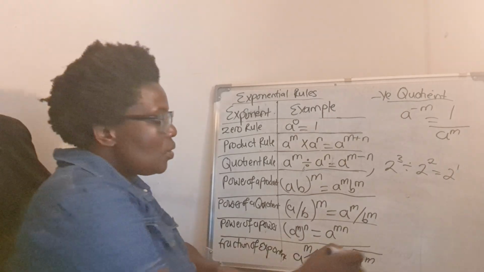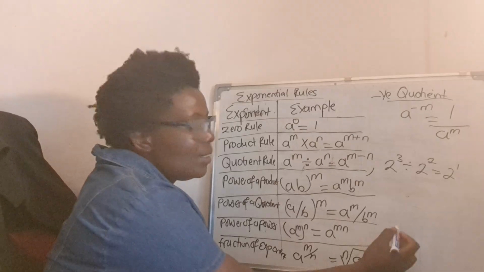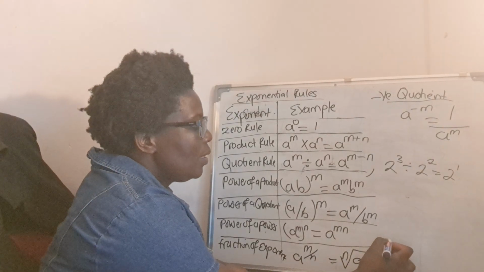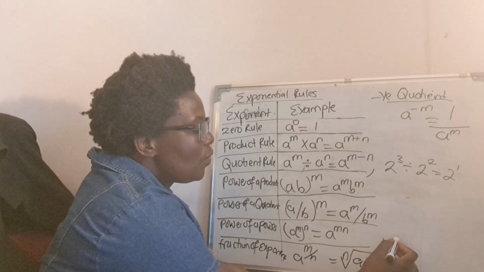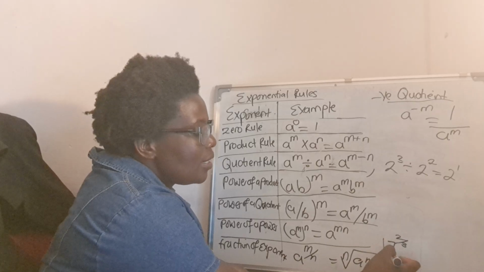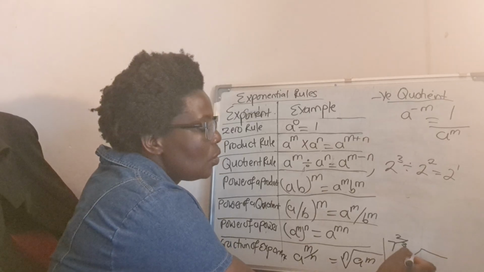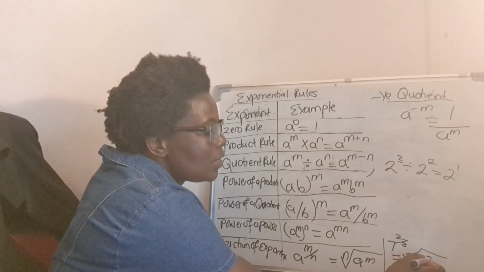For example, 7 to the power of 2/3 can also be written as the third root of 7 squared.